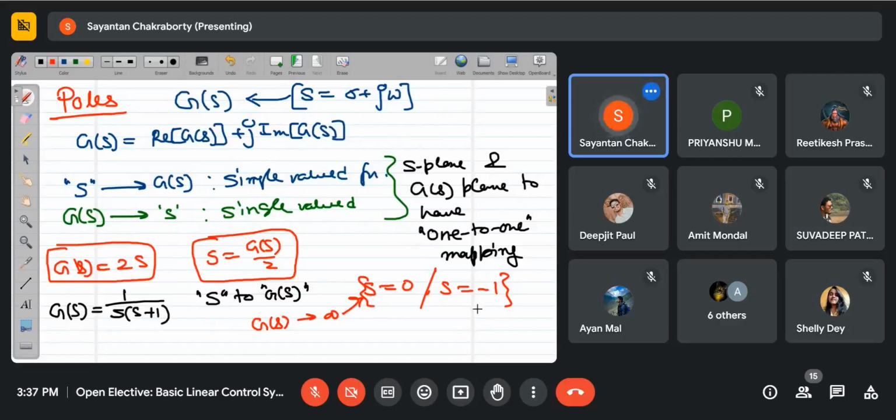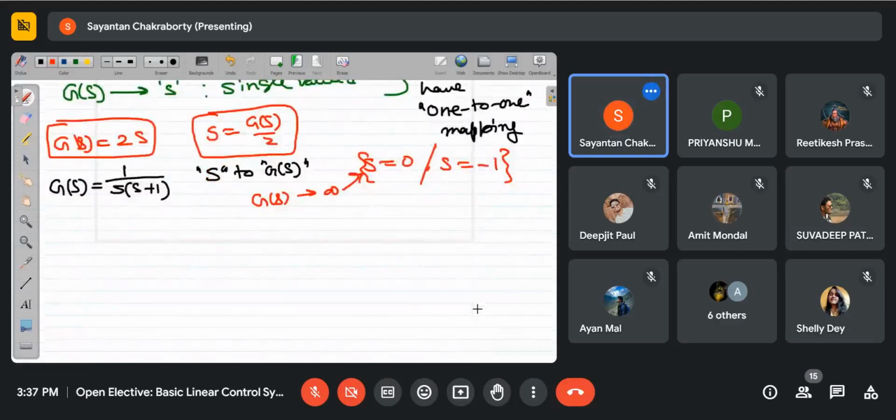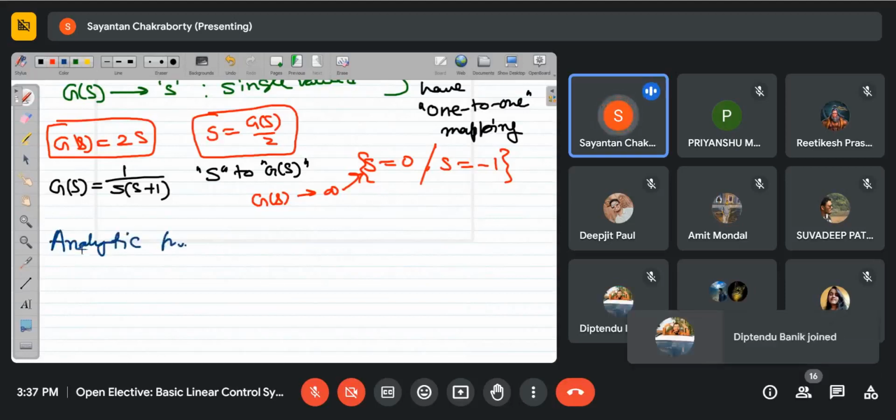Now, what does this mean? I guess you know the concept of an analytic function. What is an analytic function?